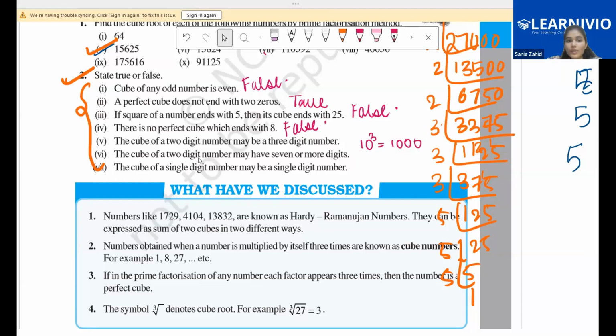Okay, now come to the sixth question. The cube of a 2-digit number may have 7 or more digits. For this, look at the cube of the largest 2-digit number. Tell me what is the cube of the largest 2-digit number?